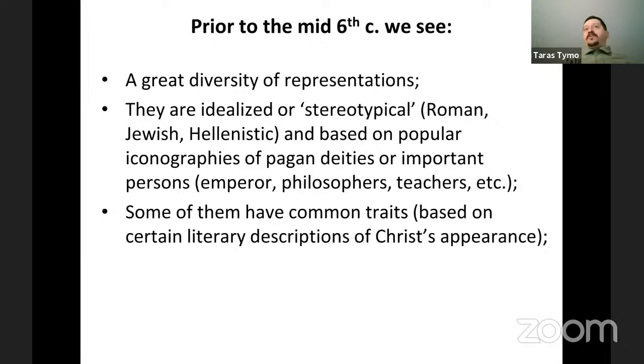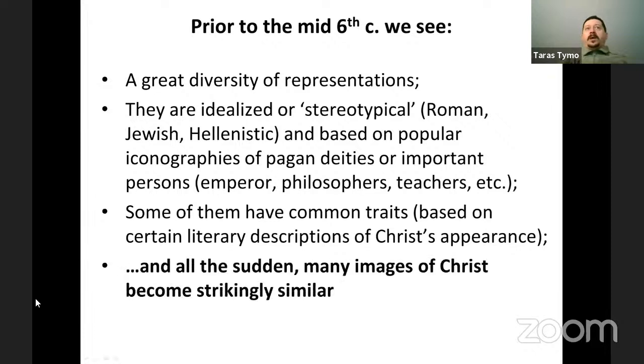And some of them have common traits, probably based on literary descriptions of Christ's appearance, as we have seen in those catacomb paintings with Jesus with beard and long dark hair. But all of a sudden, in the mid-6th century, the many images of Christ become strikingly similar.